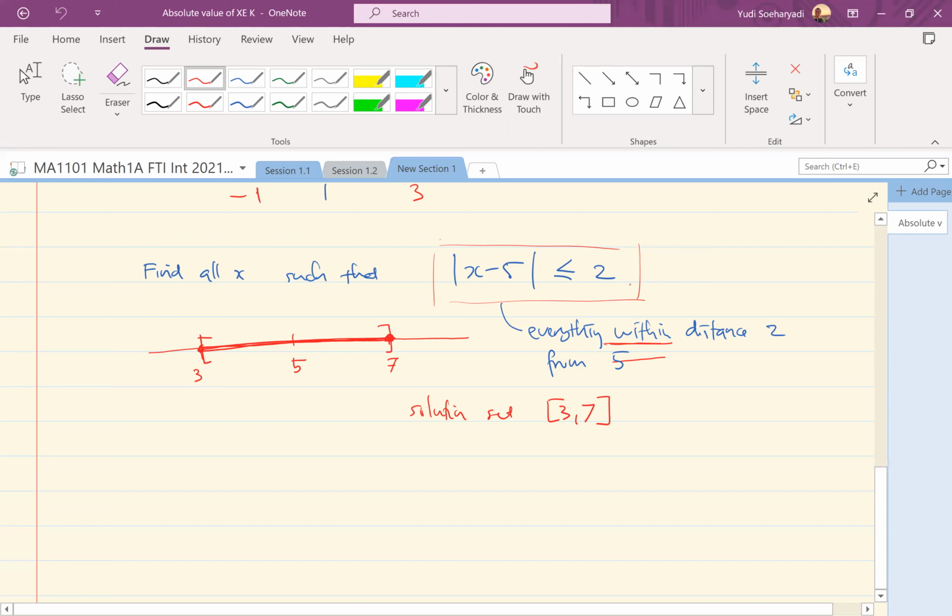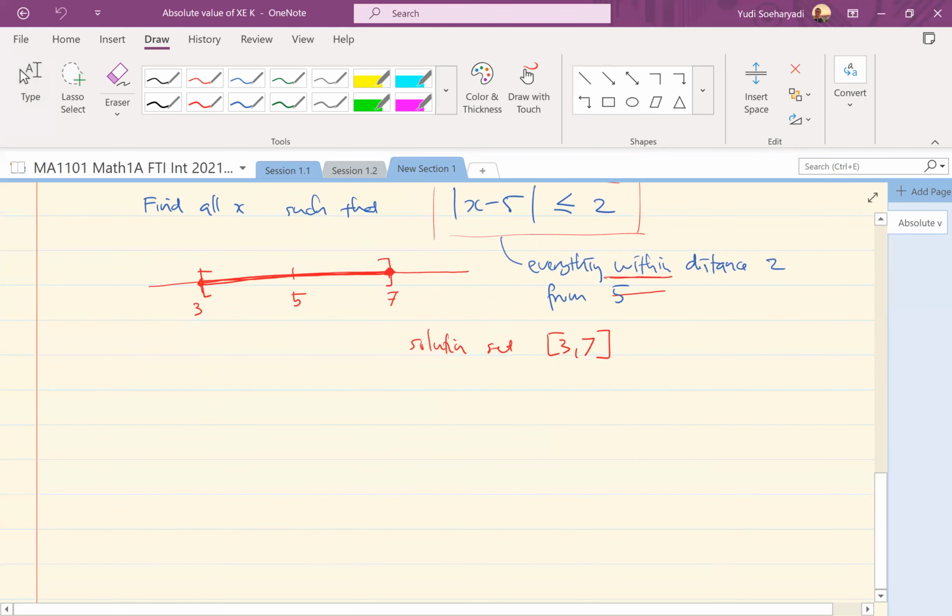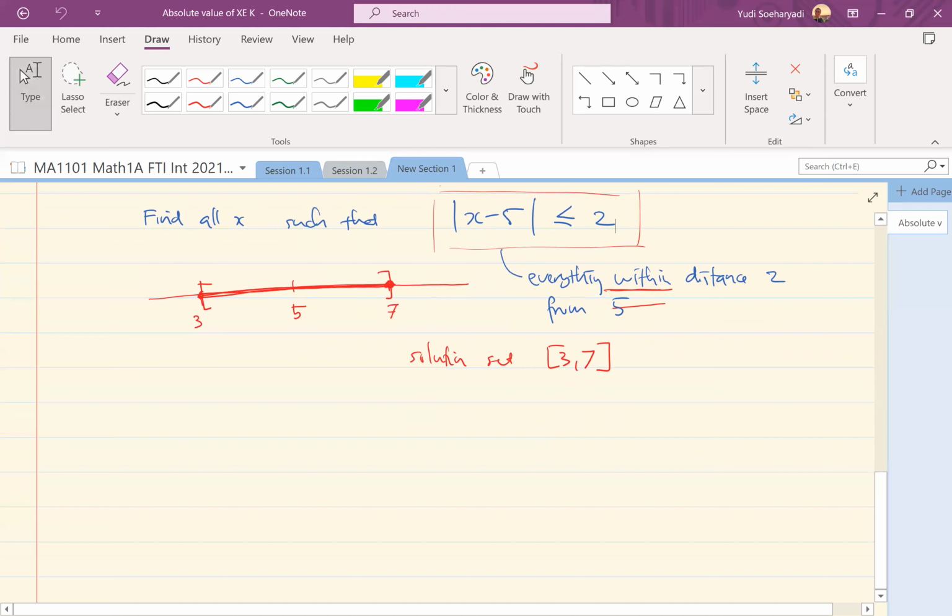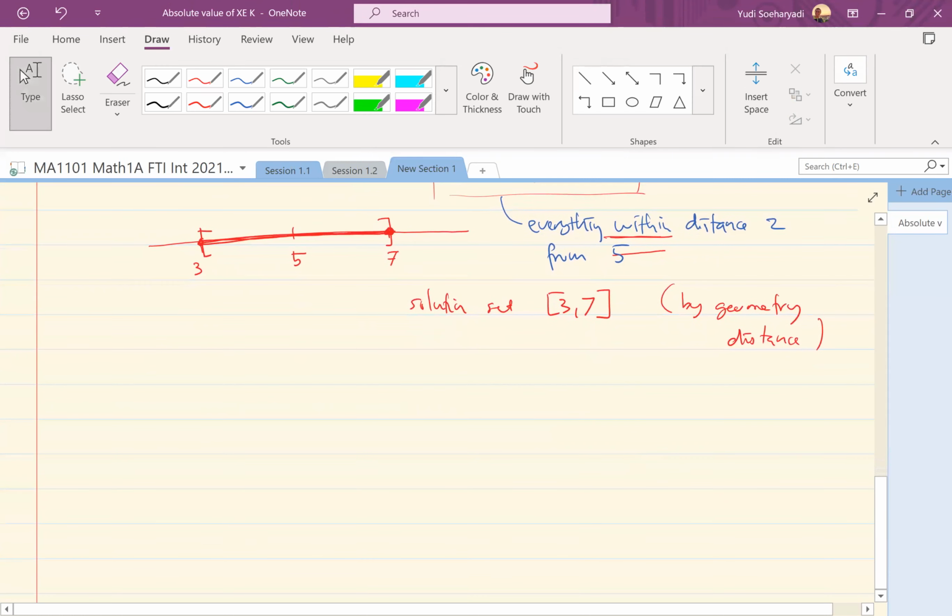So the question is, is there any more mathematical way to solve these? This is by geometry, by distance. That's easy.